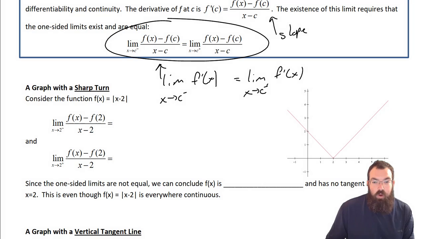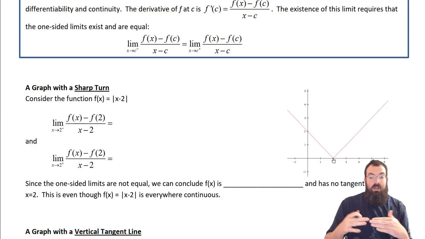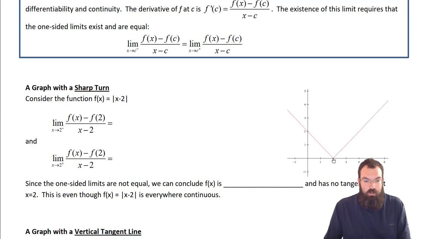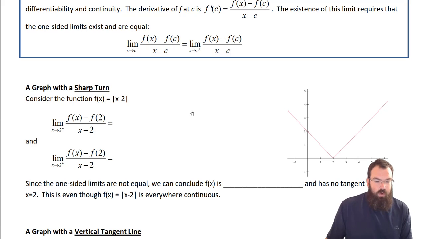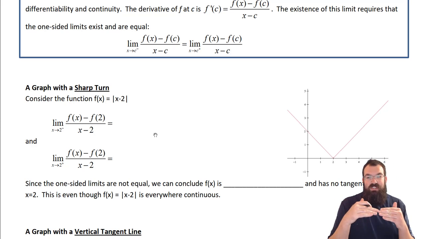We know that at the corner of an absolute value, the derivative does not exist. It's continuous, but the derivative does not exist at that sharp corner, or turn. So if this is the absolute value of x minus 2, if I go from the left and from the right, and if they are the same, then the derivative can exist at that point.